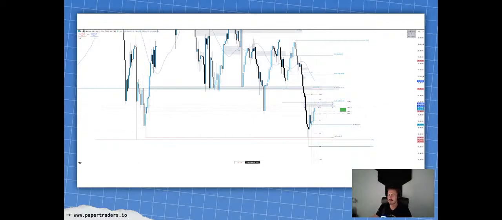So looking on the 4-hour, price is currently tapping into an FVG above at 29,078.50 to 29,026.